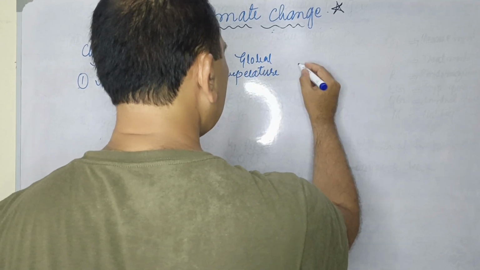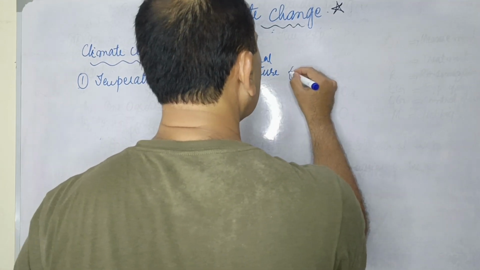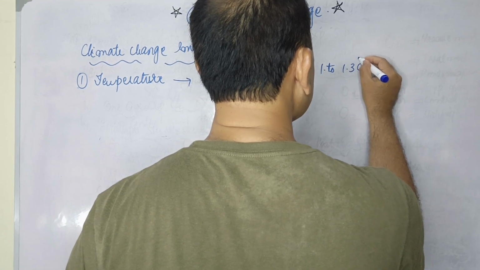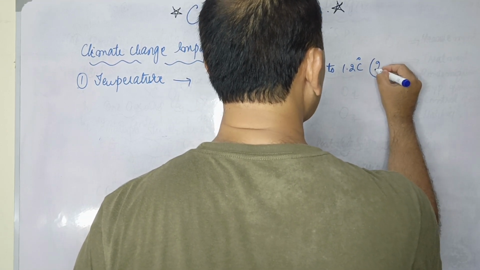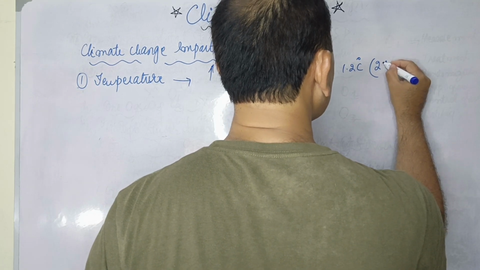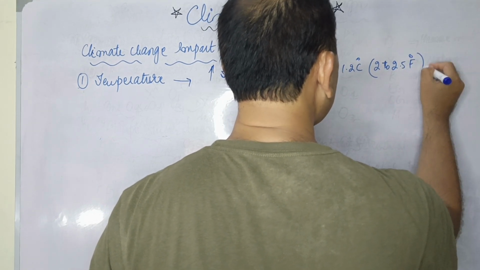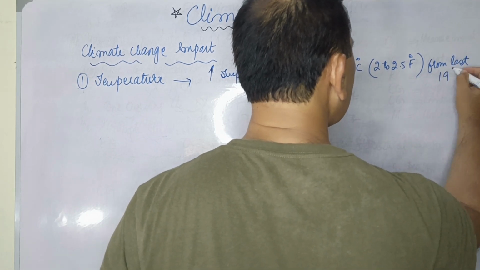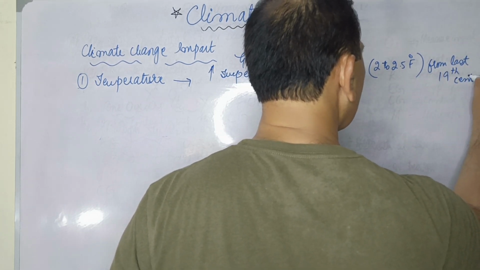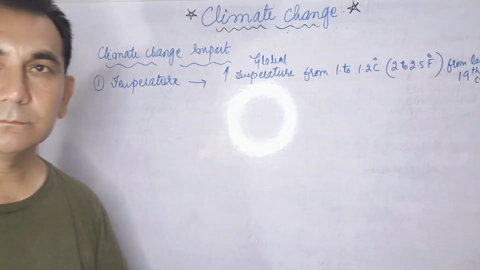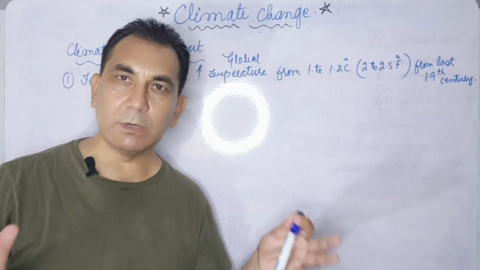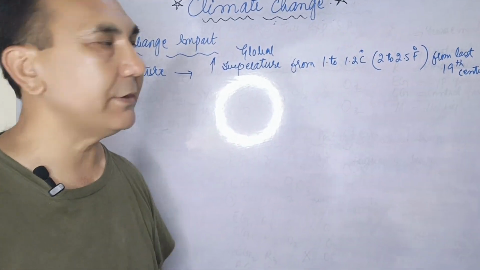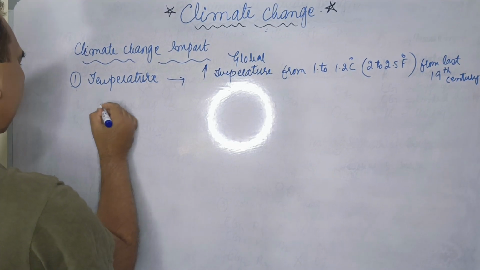Global temperature has increased from 1 to 1.3 or 1.2 centigrade, which is around 2 to 2.5 Fahrenheit since the 19th century.